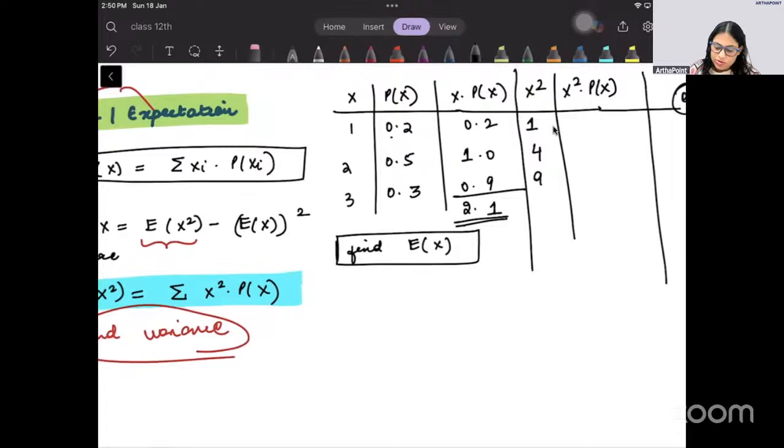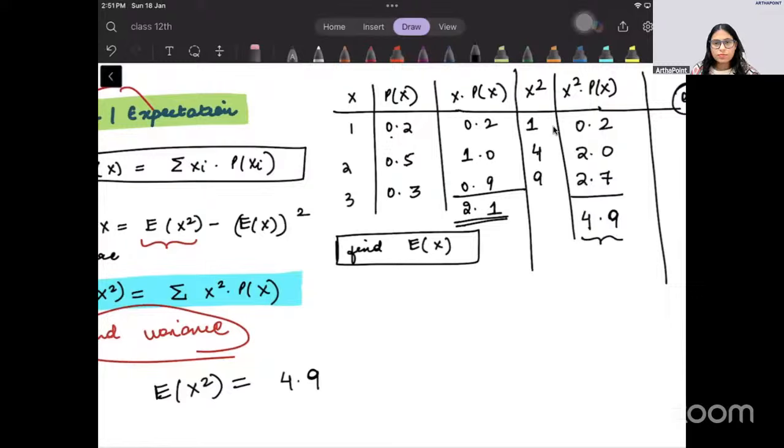So 1 into 0.2, 4 into 0.5, and 9 into 0.3, that gives 4.9. So expectation of X squared is 4.9 and expectation of X was 2.9. So variance will be expectation of X squared minus expectation of X whole squared.